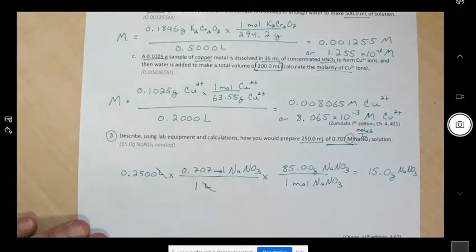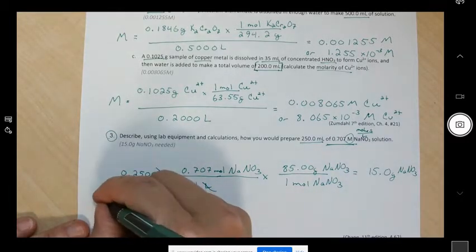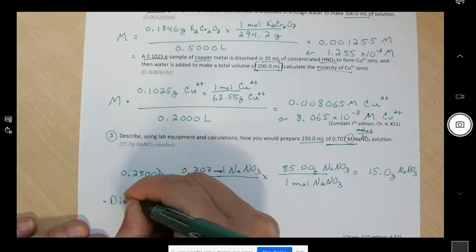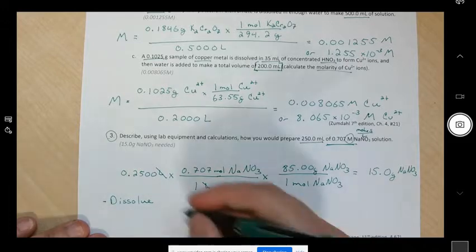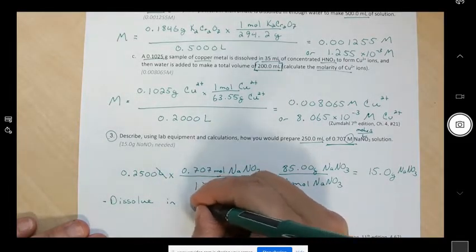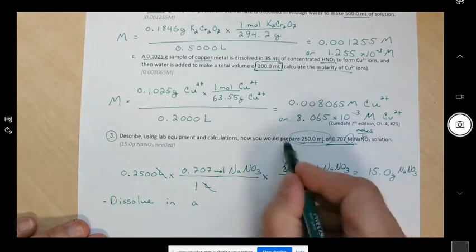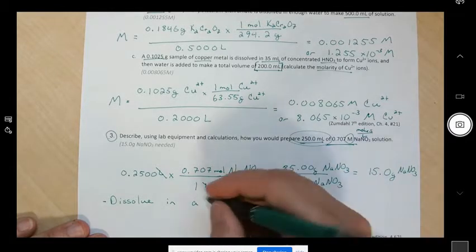So if you think about hopefully the vodcast you watched over the notes, you're going to actually dissolve the 15 grams first in a 250 milliliter volumetric flask.